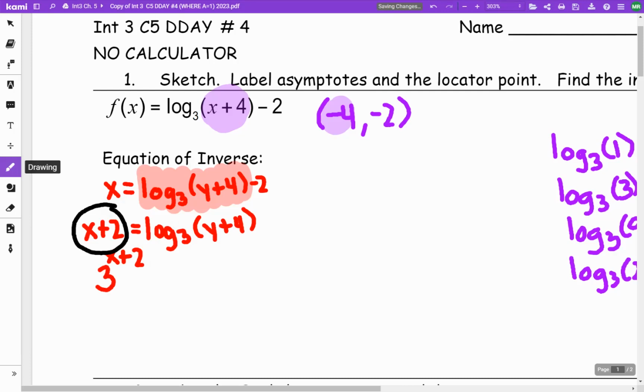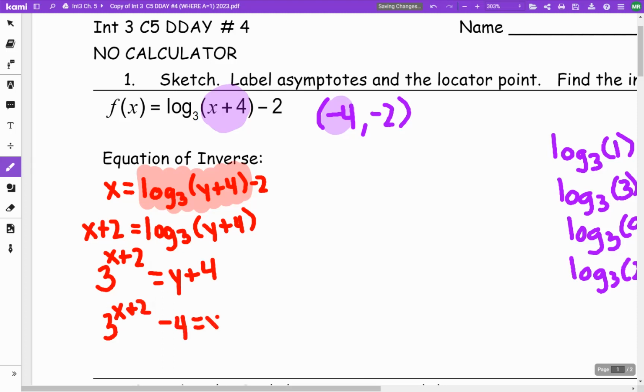That's what my log equals, so that becomes my power. So now 3 to the power x plus 2 is equal to y plus 4. My very last step, I'm going to subtract the 4. And that is our equation.